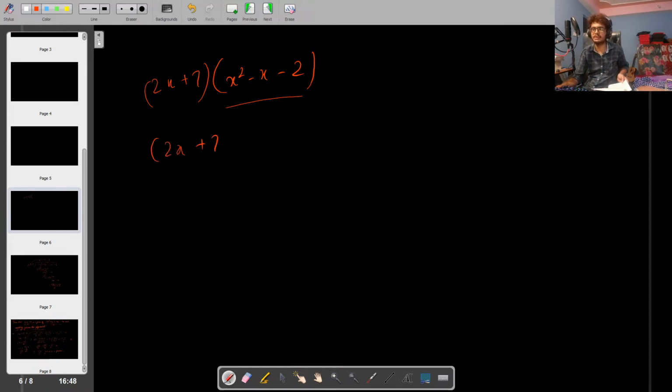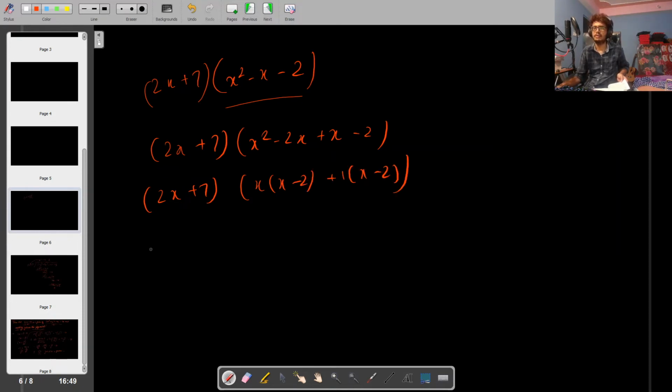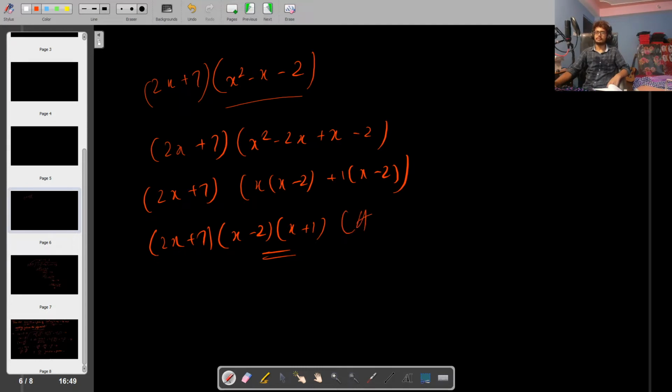So (2x + 7) multiplied by x square minus 2x plus x minus 2. Take x common, x minus 2, take 1 common, x minus 2. So (2x + 7), take x minus 2 common as well, (x + 1). So this is your answer. You should be getting this as your final answer.